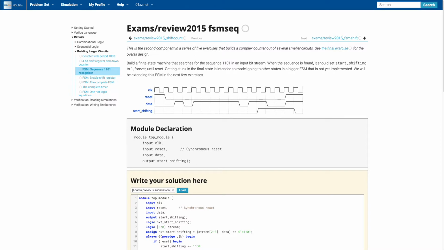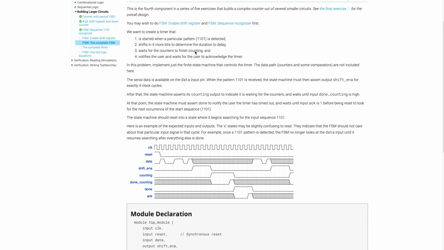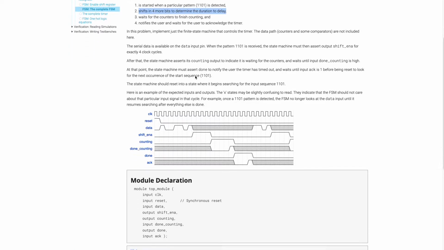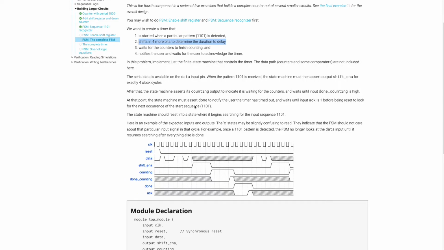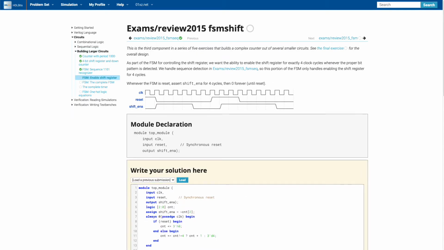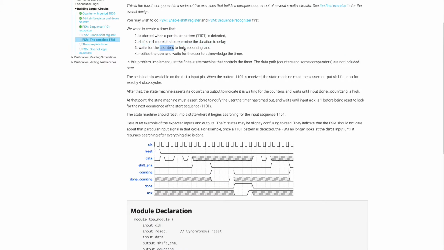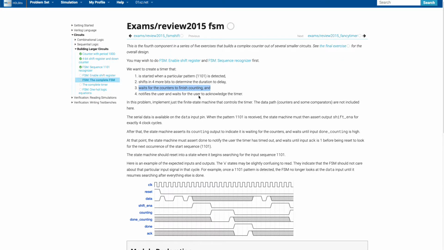So this one detects 1001, 1101. Shift in 4 more bits to determine the duration of the delay. So then I think this is this one, and then wait for the counters to finish counting.